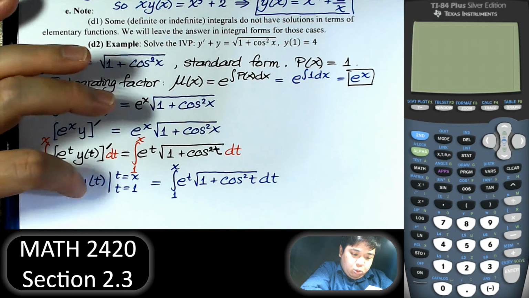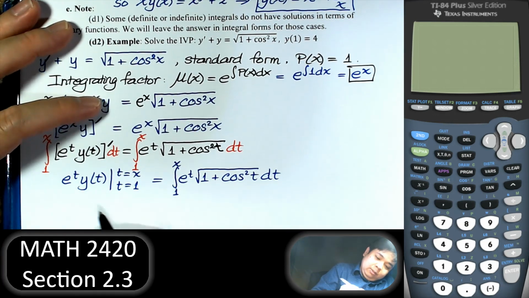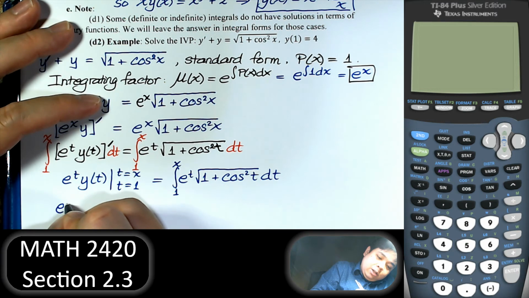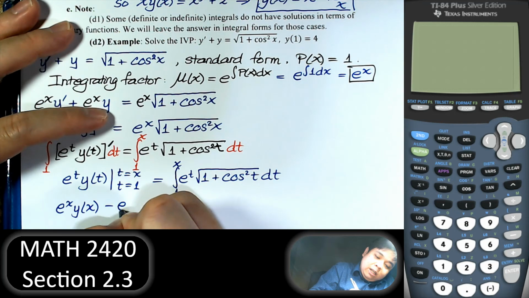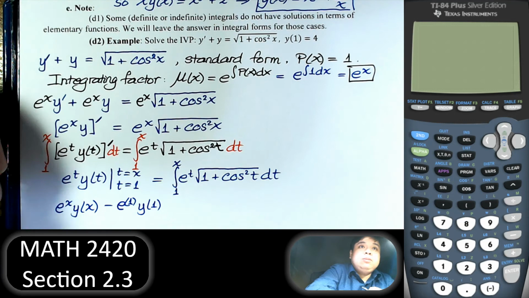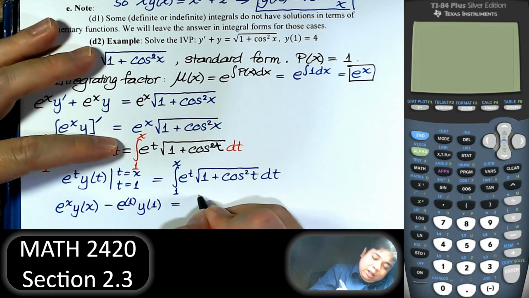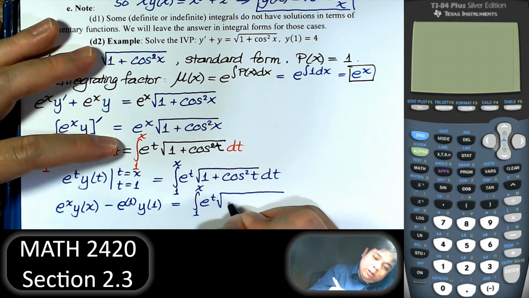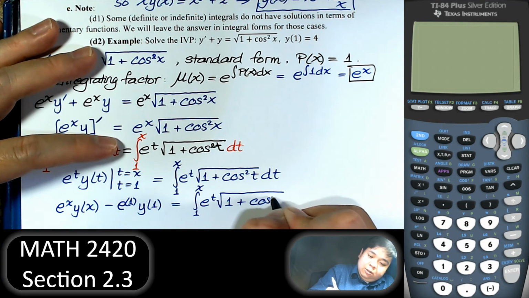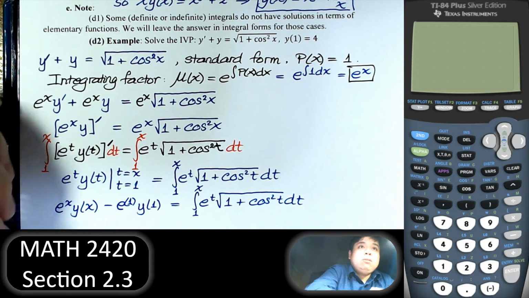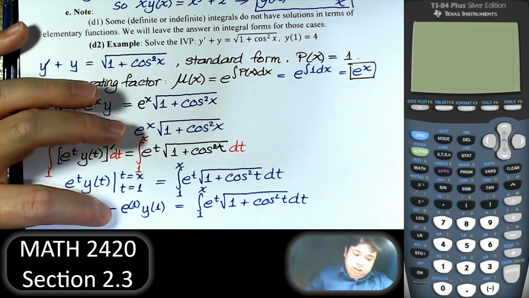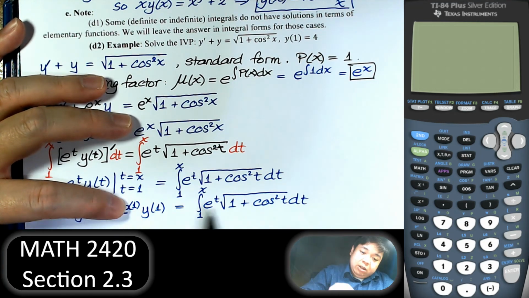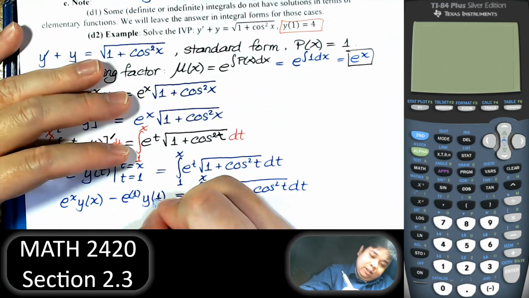Put x in here, put 1 in here. e to the x, y of x, subtract e to the first, y of 1, equal to that integral. Right, e to the first is e and y of 1 is 4. That's what's given.